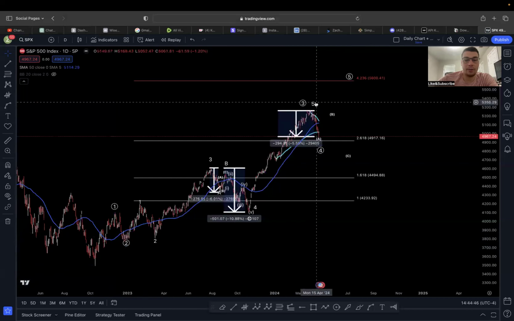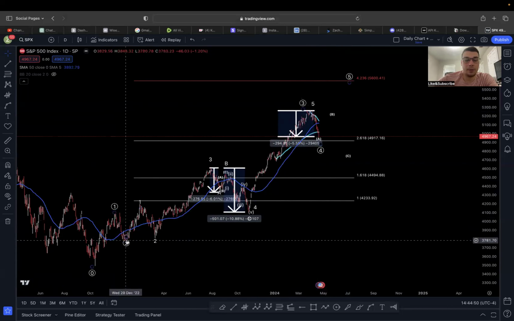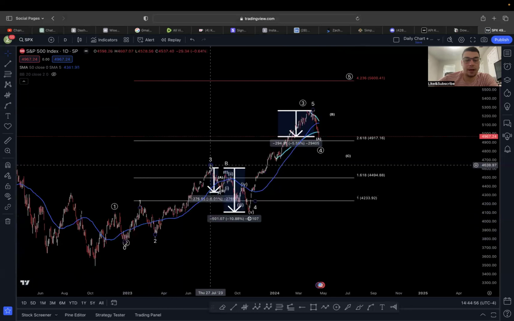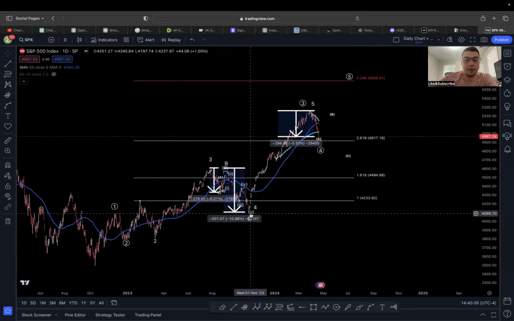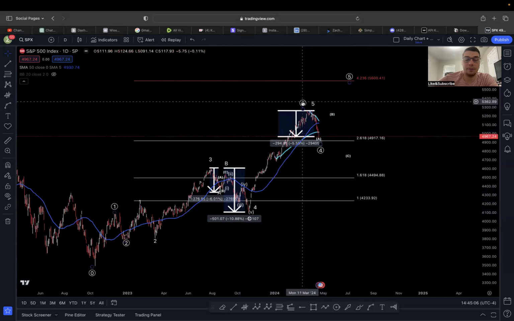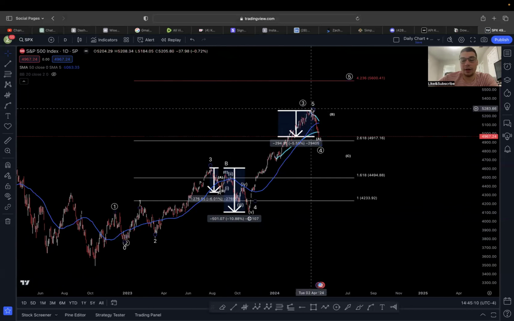And then wave 3, right, which I said we just completed wave 5 of 3, started back over here in the beginning of 2023. So we have wave 1 up, 2 down, and we have wave 3 tops in July of 2023. Then wave 4 bottoms were the October 2023 lows, and then wave 5 here appears to be put in, wave 5 of 3, here in March, April of 2024.